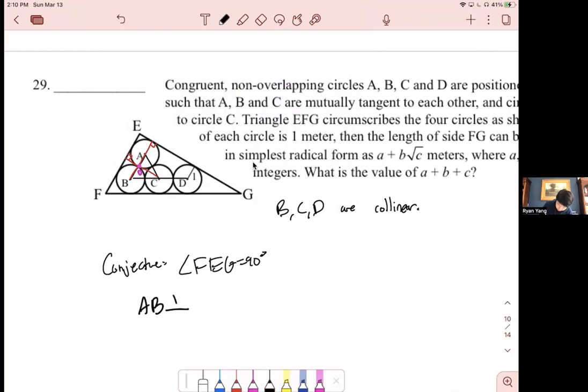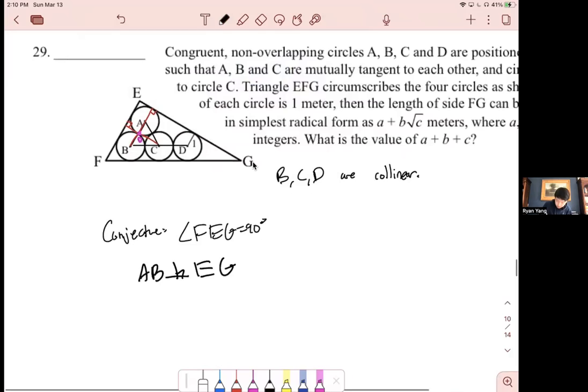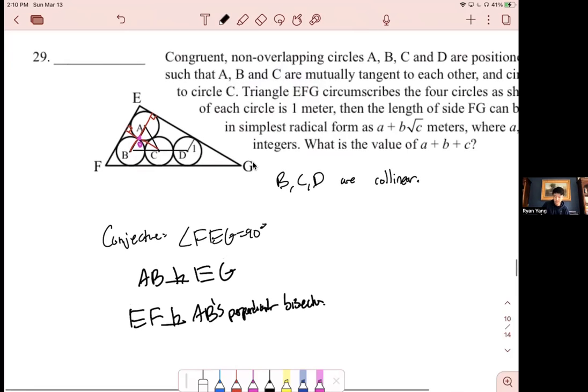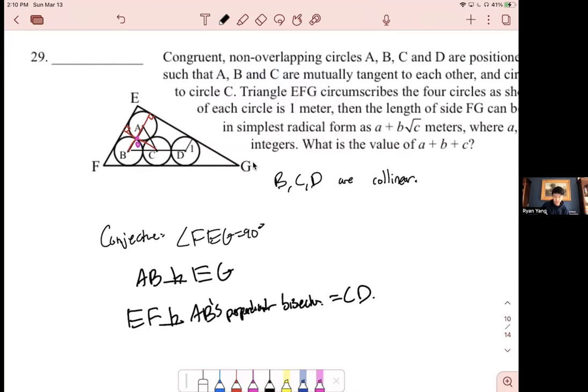This makes sense because EF is parallel to AB, and AB's perpendicular bisector is CD.